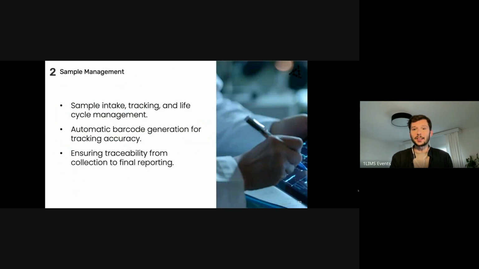Let's start with the sample management itself. This is a crucial core module of a sophisticated LIMS. If you ever had to dig through old records or manually created reports on compliance data, you know very well how frustrating it can be. A LIMS solves this by automating result management and reporting.